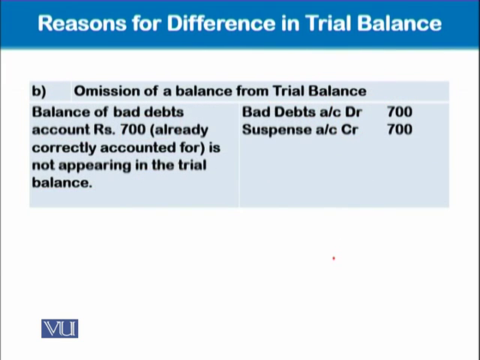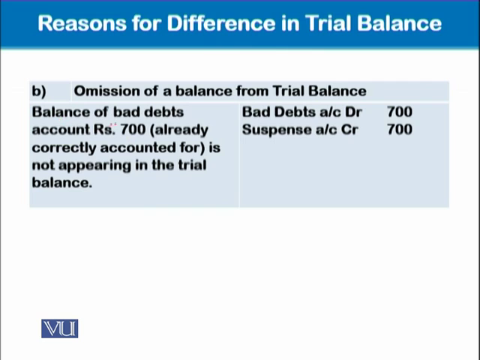Next comes omission of a balance from trial balance. Everything was correct. We correctly posted amounts in the ledger accounts. Casting was also correct. The only thing is that while preparing the trial balance, we omitted a figure.